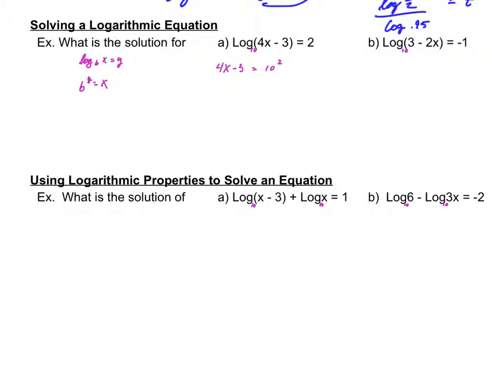So there you go, I've got my x value here. It is equal to my base, which is 10, raised to the y. So looks like 4x minus 3 is equal to 100. And then, of course, divide away your coefficient, and x is going to be equal to 103 divided by 4. There you go.